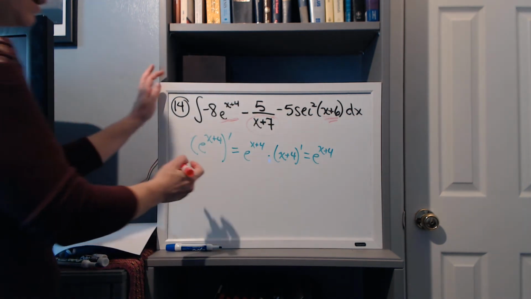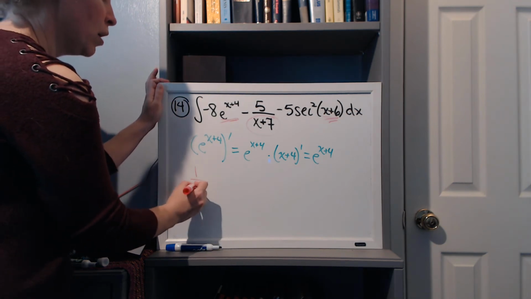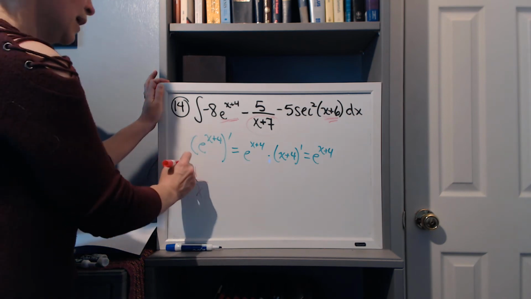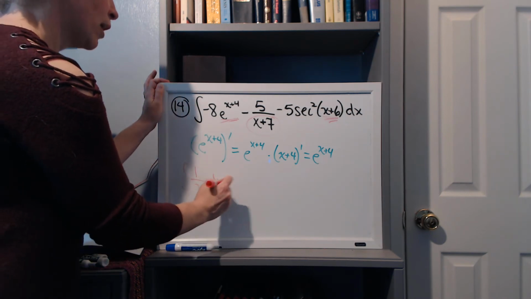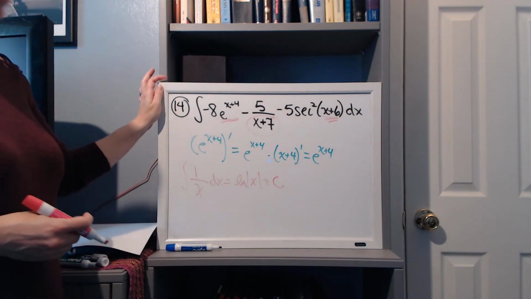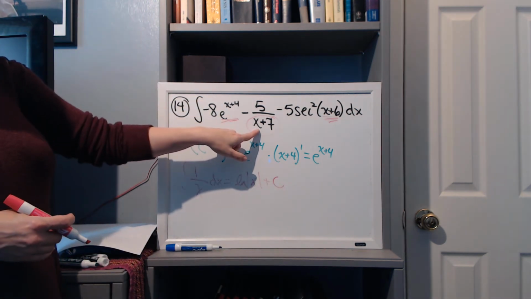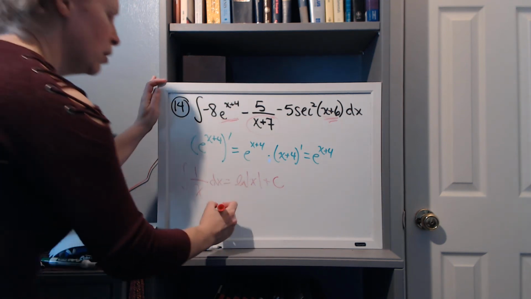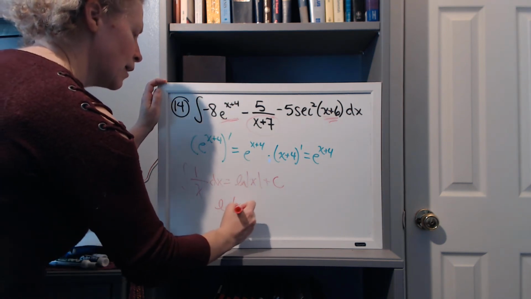That looks kind of like our antiderivative rule where we have 1 over x, and the antiderivative of 1 over x would give us natural log of x. Okay, so let's think about what would happen if we had x plus 7 in the natural log function. So we'd have natural log of x plus 7.